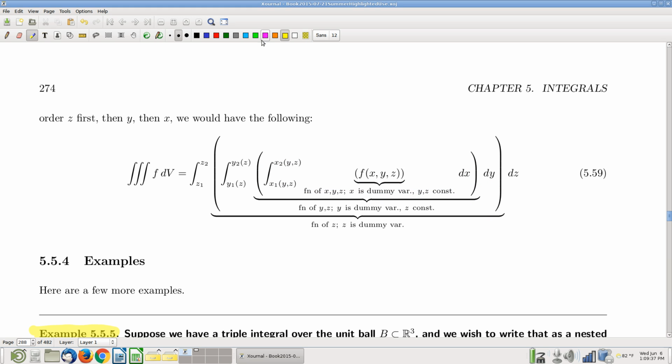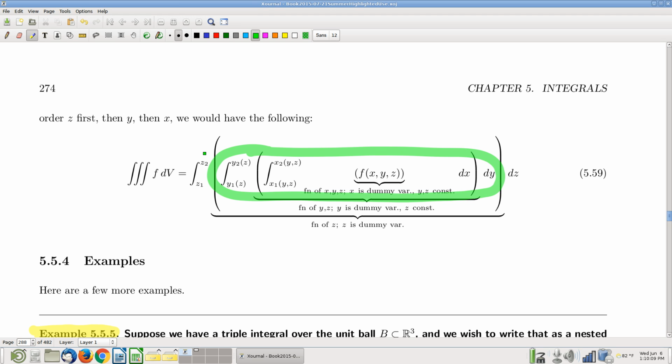When we get around to doing the dy integral. By the way, let's talk about the x's first. Where are the x's in the dy integral? The x's are gone. There are no x's left. X was a dummy variable for the inside integral. I've already plugged in x to be certain functions of y and z.